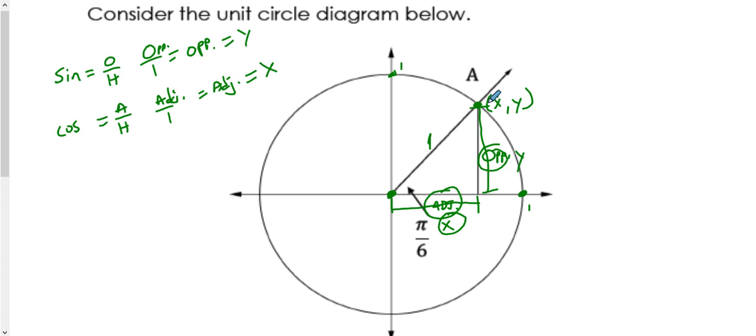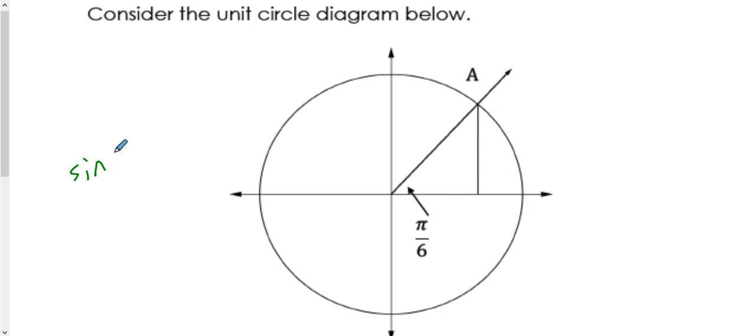Whatever is here is going to be here, and whatever is here is going to be there. So that's all the stuff that they're talking about. An easy way to remember this: sine in the unit circle is always y. Cosine in the unit circle is always x. Always, always, always. So just keep that in mind as you're doing these.